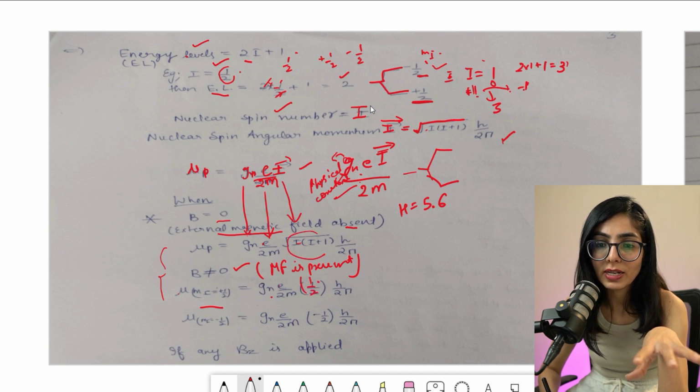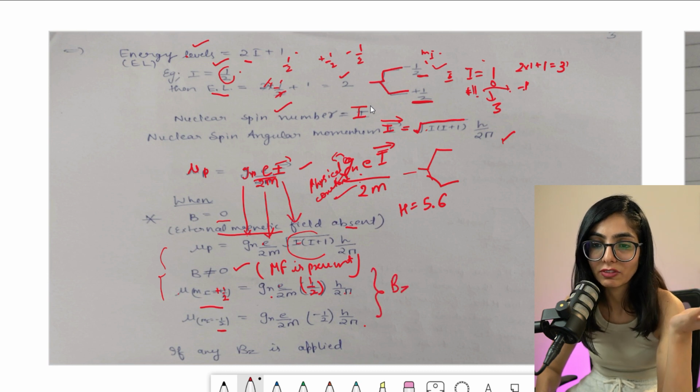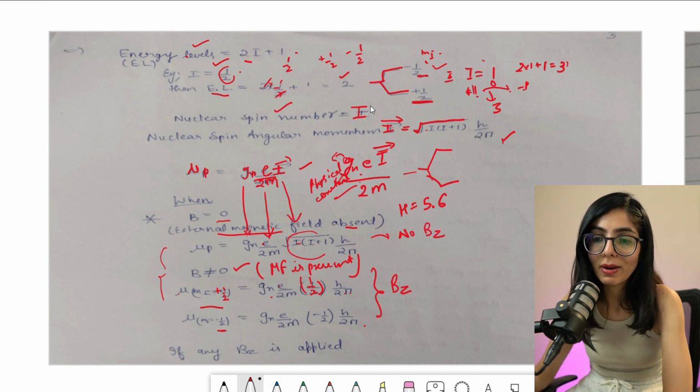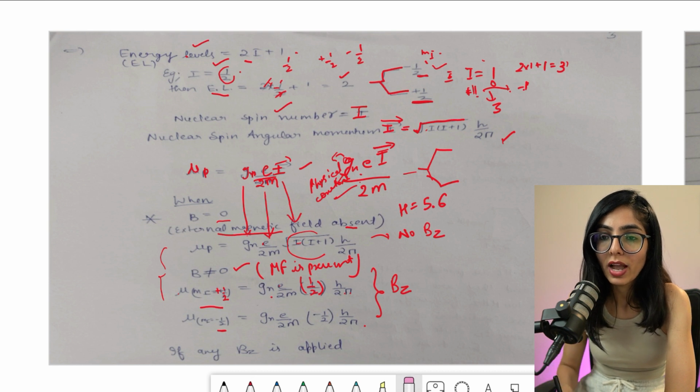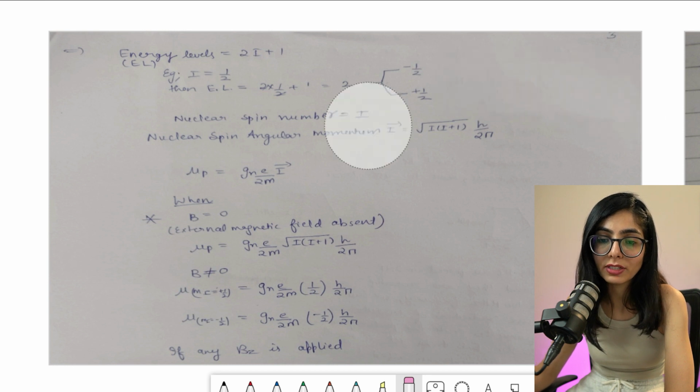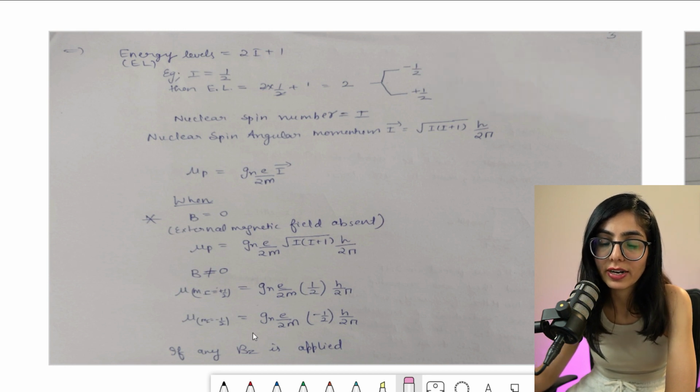For plus half, it would be plus half h by 2 pi, and for minus half, Gn e by 2m minus half h by 2 pi. This is the case when Bz is there, meaning an external magnetic field is there. When no Bz is there, you write it in terms of angular momentum. These are some mathematical things which you should know, and we'll find some basic formulas. Sometimes questions come in our examination based on that.